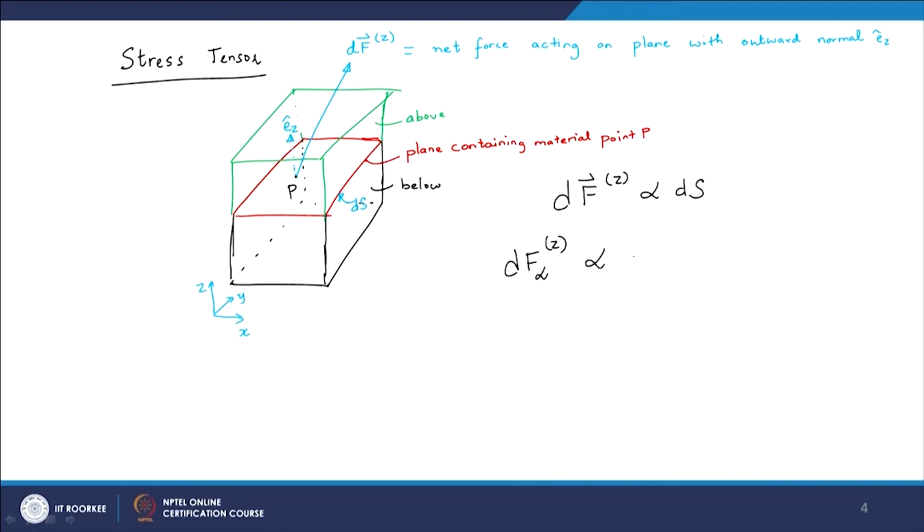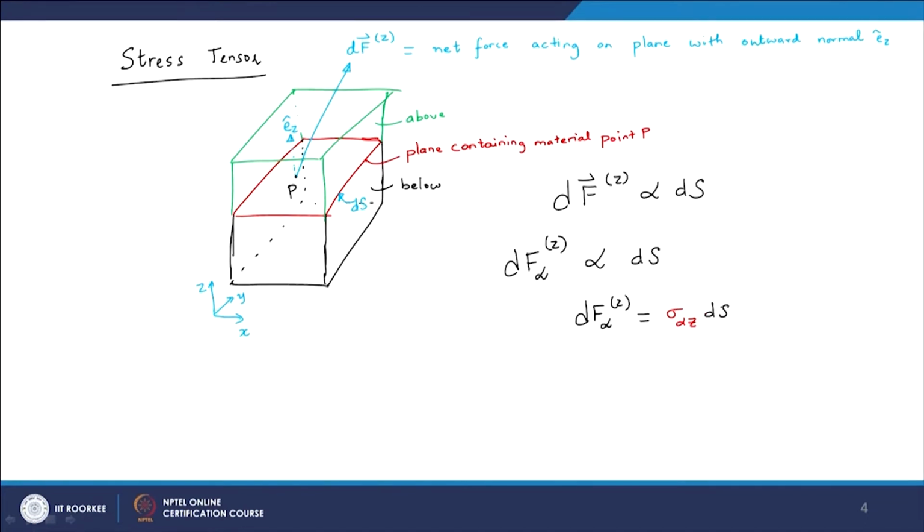So, this is also proportional to ds, and there has to be a proportionality constant, and that proportionality constant is what I refer to as the stress tensor sigma alpha z.